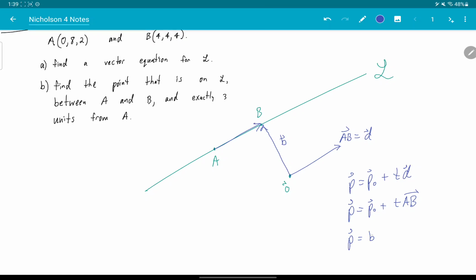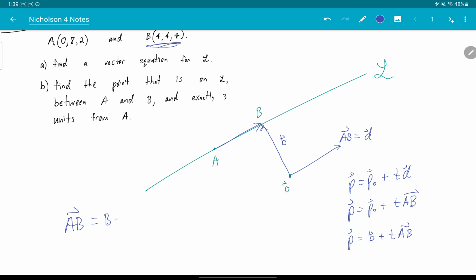We have our line pretty much sorted out. I just need to find b. Well, b is this vector formed from this point here. And then AB is a subtraction.